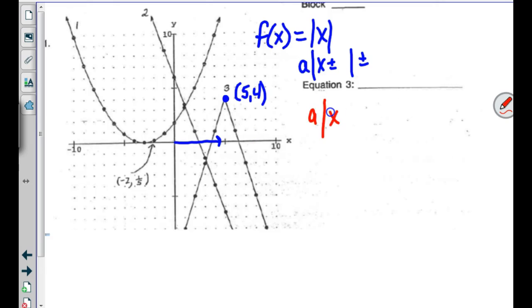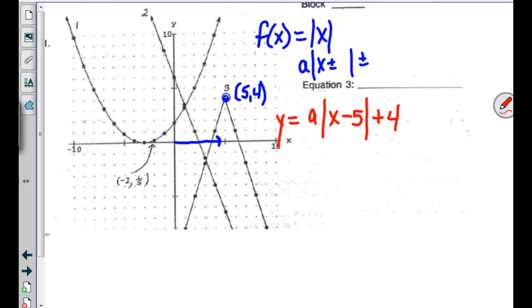Right 5 would be minus, and up 4. And what do we already know about A? Any ideas? It's opening down. It's going to be negative, yeah. Make sure it turns out negative, but we shouldn't have to do that. It should automatically take care of itself.